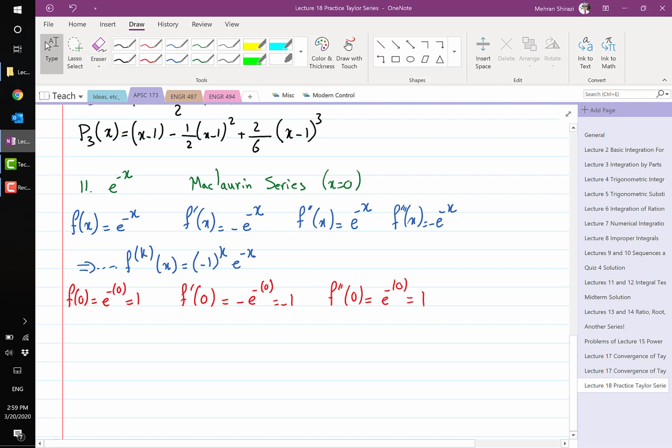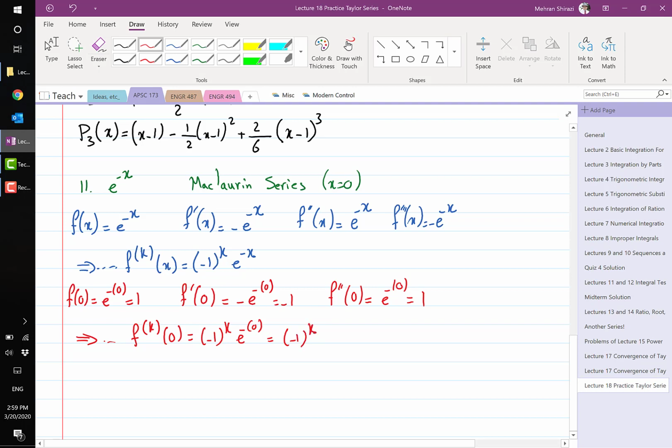So in general, the k-th derivative of f at 0 is minus 1 to the power of k times e to the power of 0, which is 1. So therefore we have minus 1 to the power of k.